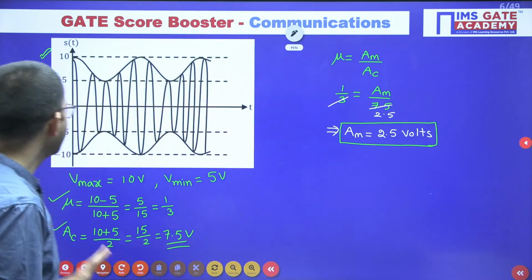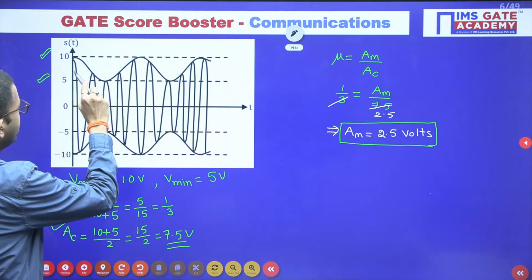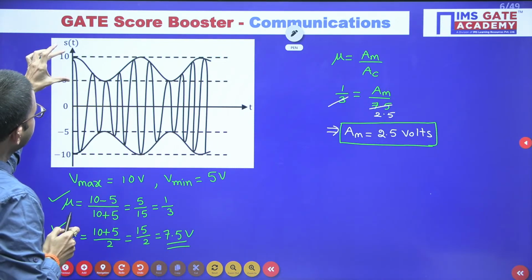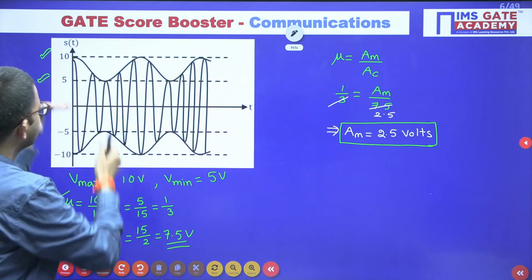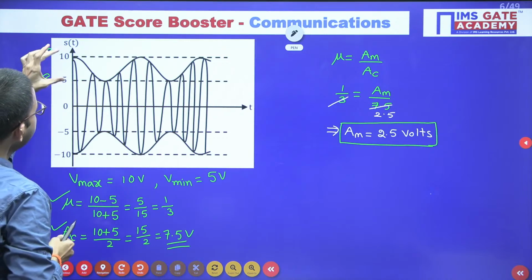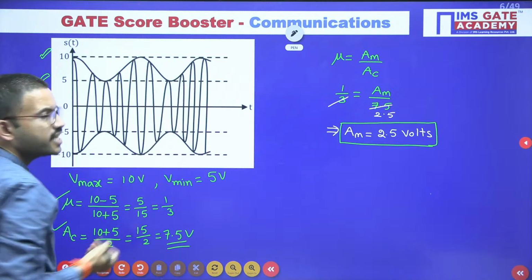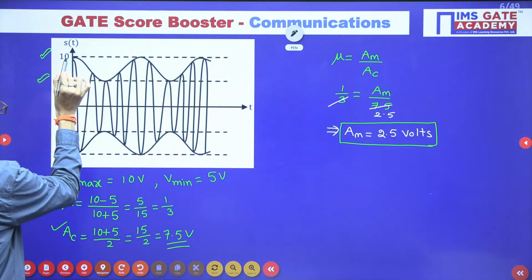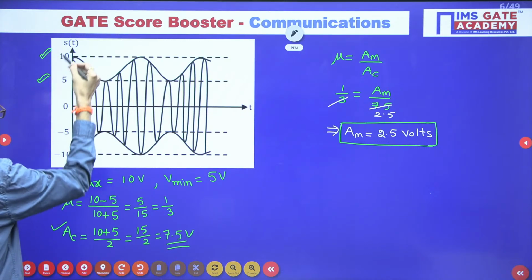Yeah, very good. So here, if you observe, this is the message signal. If you carefully observe this message signal, it is varying between 5 and 10.